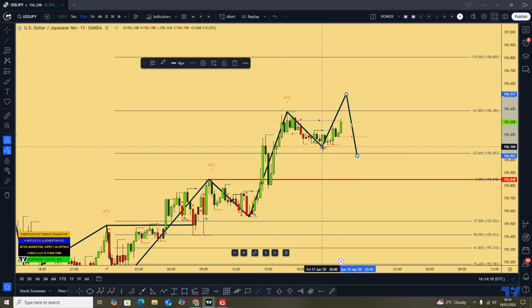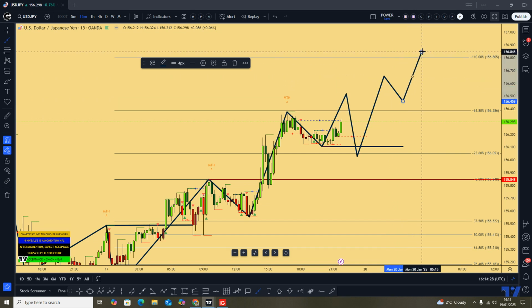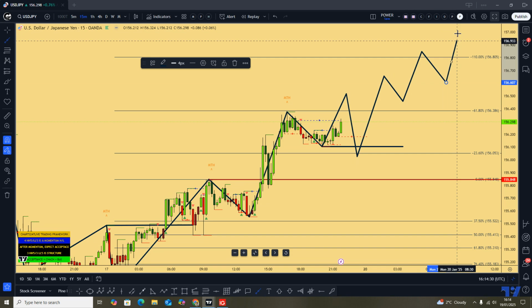Then this will be your reset point. Then you can take a new wave structure to the upside. Okay, that is the bullish scenario.